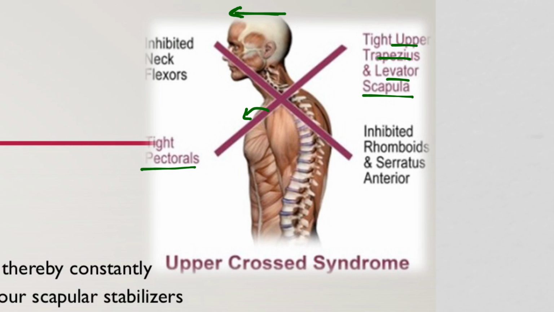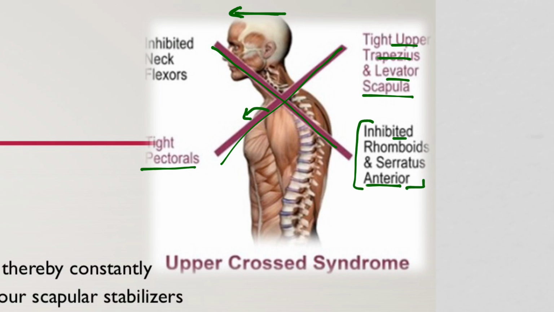And so where we have tightness on one side, we also have inhibition occurring in the muscles opposite that, right? So on the posterior aspect, we have inhibited rhomboids, serratus anterior, and I would also throw in that the lower trapezius and middle trapezius most often are inhibited posteriorly.